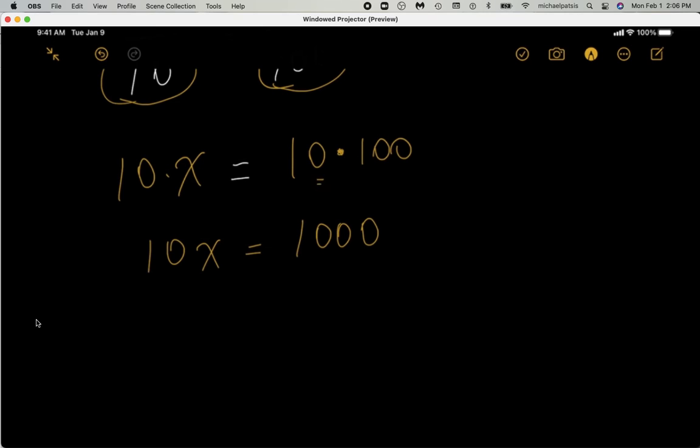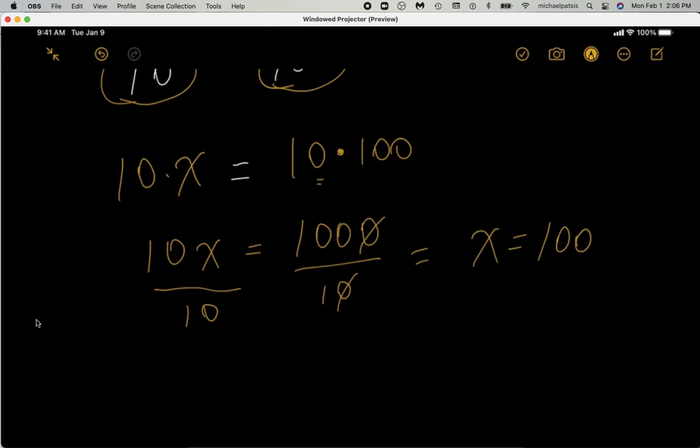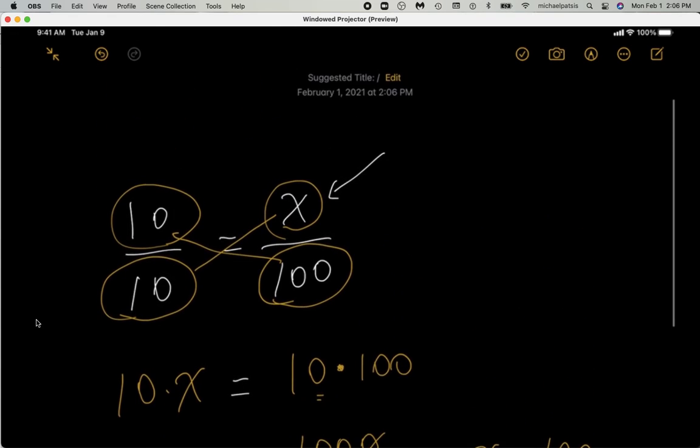I'm multiplying by 10, therefore I add a 0 to the original number, which was 100, and I get 1,000. Now, to solve for x, we divide by 10, and x equals 100.